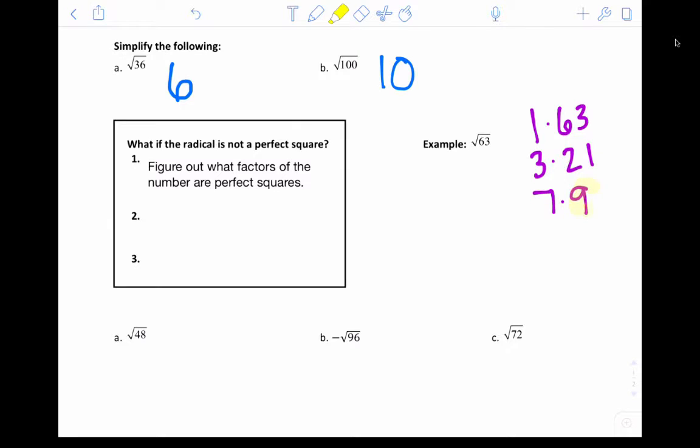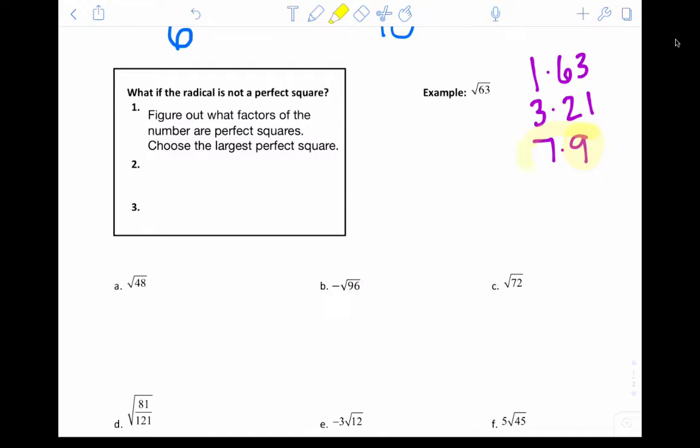So 9 is a perfect square. That's my factor that's a perfect square, and in this case, it's my largest perfect square. That's the next thing we need to look at. If there's multiple factors that are perfect squares, you want to choose the largest perfect square.